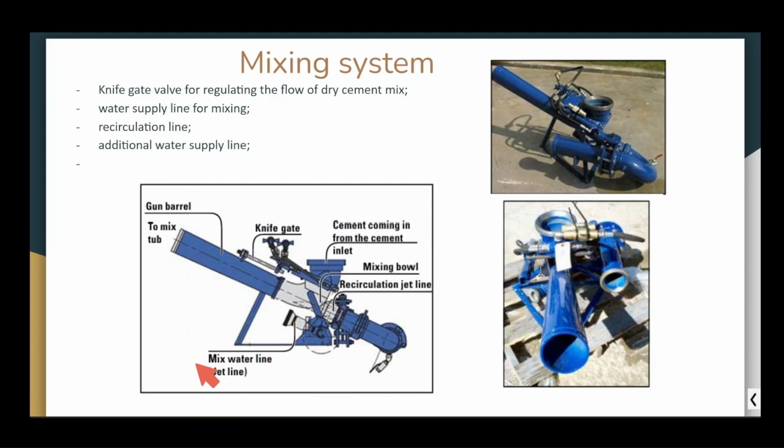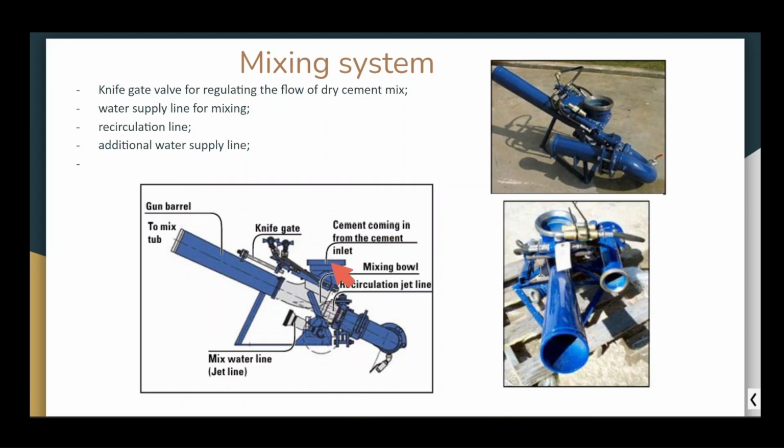Additional water flows here and shears the cement. The shear energy to shear dry cement with water occurs here, and then it goes as mixed slurry into the whole pipeline system.